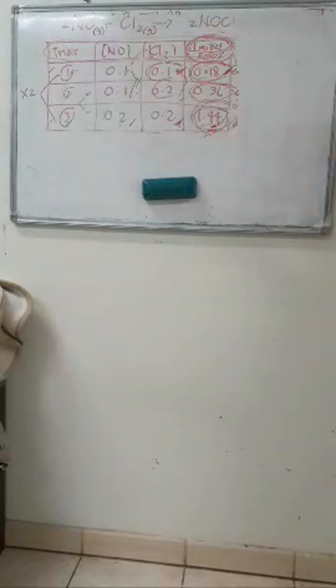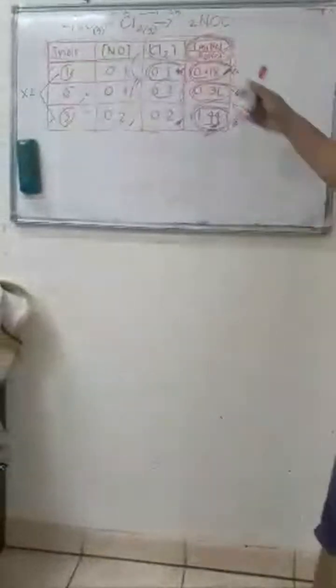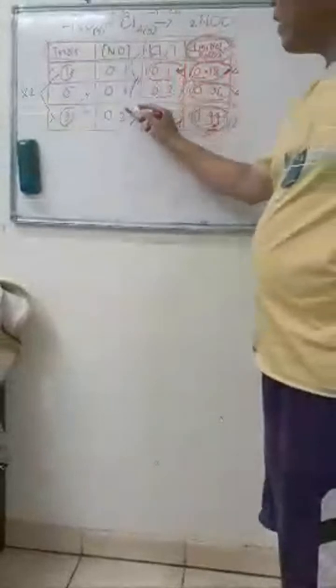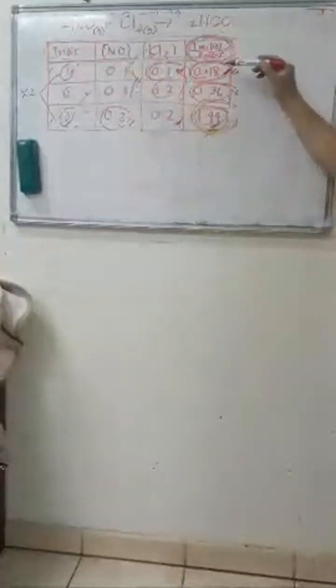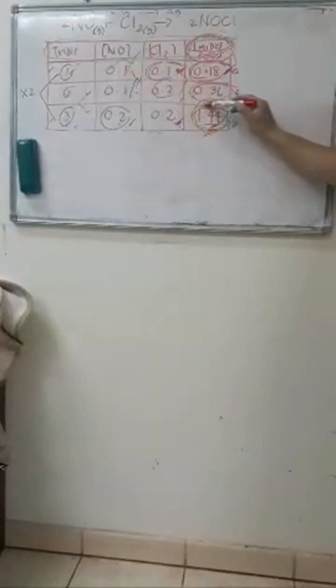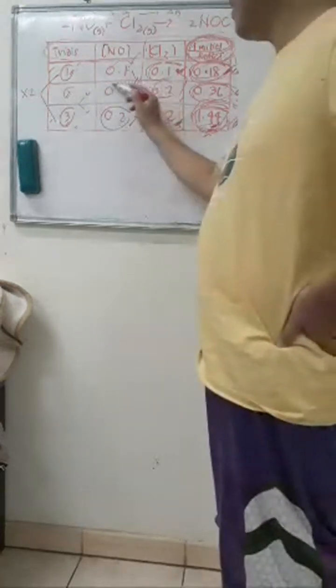Ratio and proportion is simply gathering the initial state and final state. For example, this one: 0.1 and 0.2, so trials 1 and 3. Now 0.18, like this, so you need to do the ratio and proportion for that because it changes. You can also have trials 2 and 3.